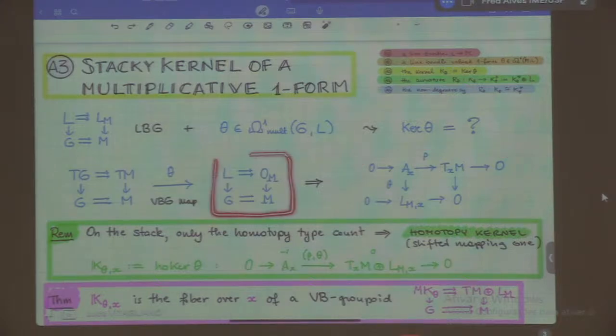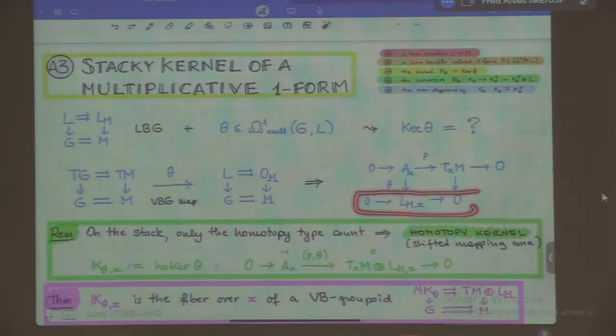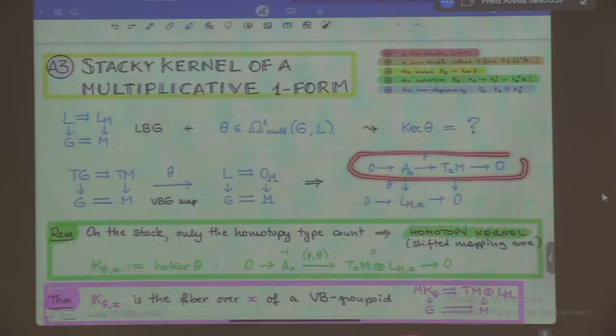The fiber of this groupoid is actually just a one-term, a very stupid one-term cochain complex, and theta is a cochain map, right? And as I mentioned already, at the level of the stack, only the homotopy type counts. So from this point of view, it's very natural to define the kernel of theta not just as the standard kernel, but as the homotopy kernel of this cochain map.